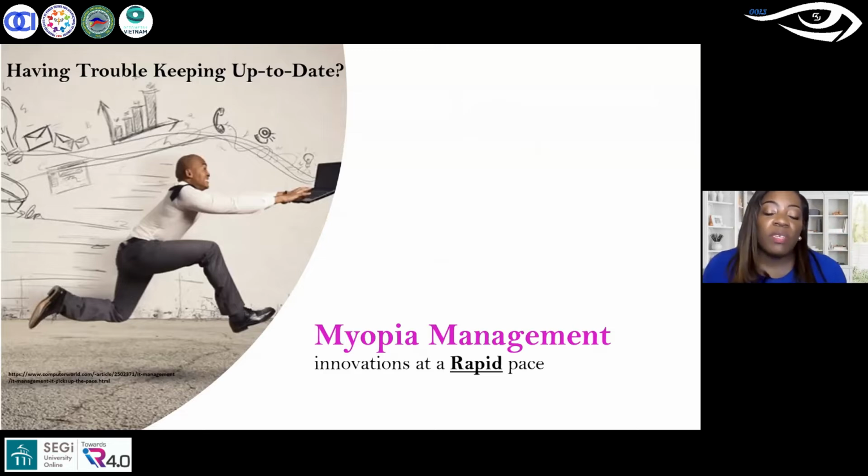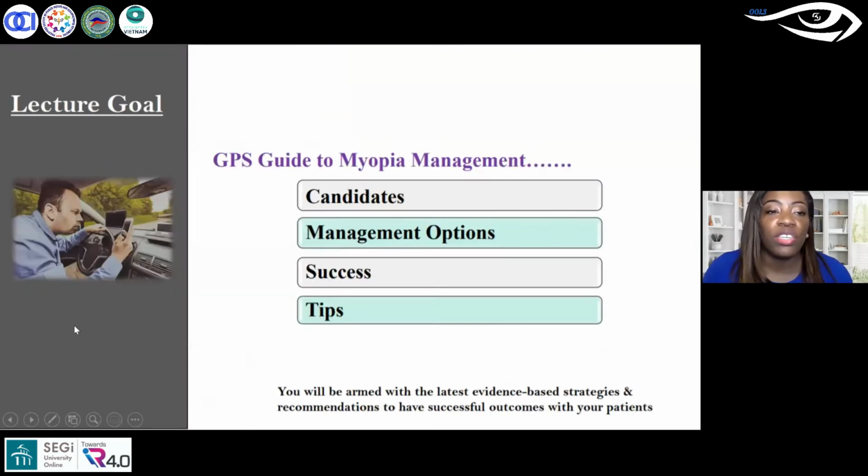So what we've seen is changing at a rapid pace, which is making it tough for us to stay up to date. Making the decision on when to initiate, when to stop, and which option is almost like trying to drive to a new location without GPS navigation. And I'm probably dating myself, but I remember a time when we didn't have GPS, and I'm thinking now I would panic without some GPS navigation while traveling to new locations.